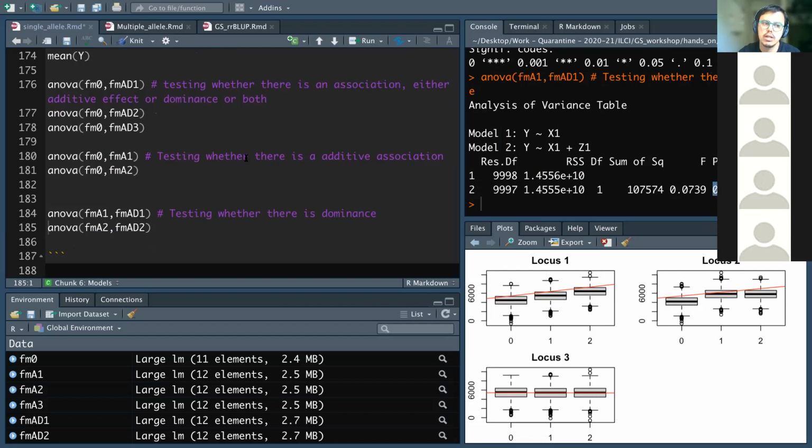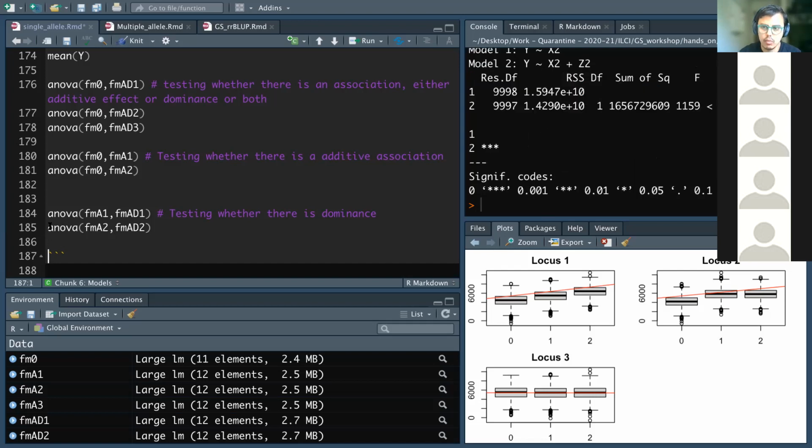That means there is no dominant effect in locus 1, which is what we simulated. In locus 2, which has a complete dominant effect, the p-value is really low, so there is a dominant effect as well.